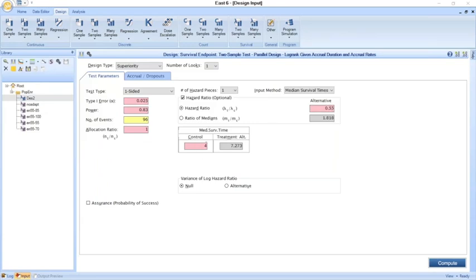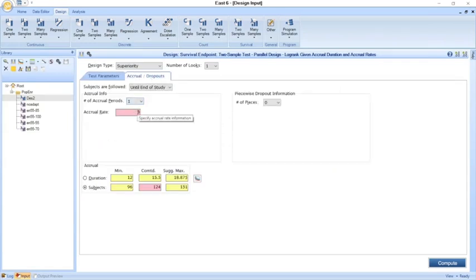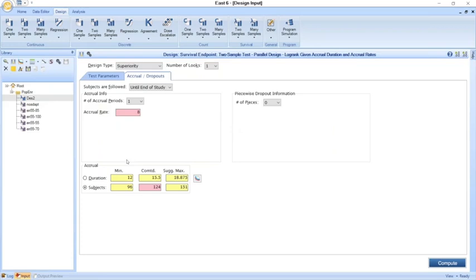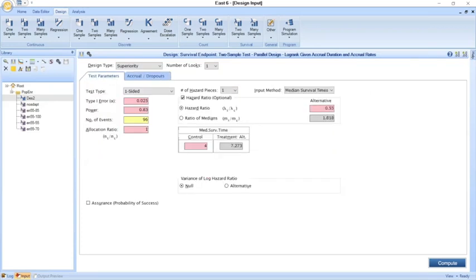So in the control arm, pazopanib, we have a median time to progression of 4 months, leading to 7.3 months for the combination, for a hazard ratio of 0.55. And you can see here, if we assume an accrual of about 8 subjects per month, that for 83% power, we would require 96 events. And we would require 124 subjects to be recruited in order to get us these events within 15.5 months.